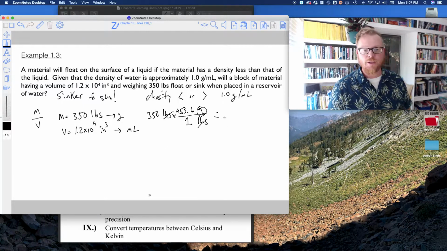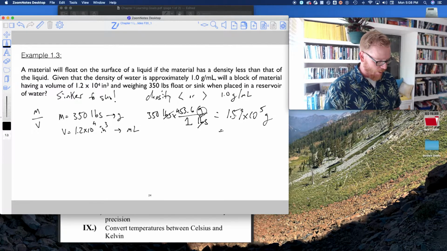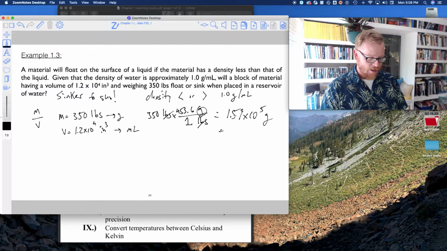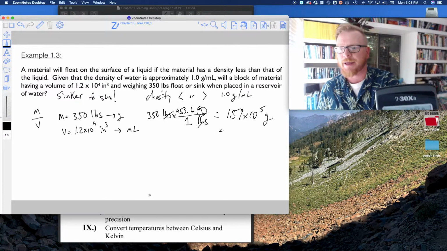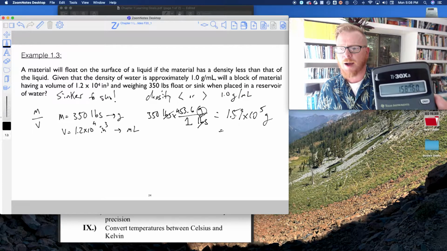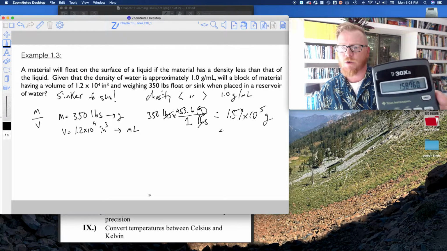So when I do that calculation, my calculator gives me 1.59 times 10 to the 5th grams. And so I know, well, actually, I probably got more digits than that. So let me see, 350 times 453.6. So this is what I get. 158,760.